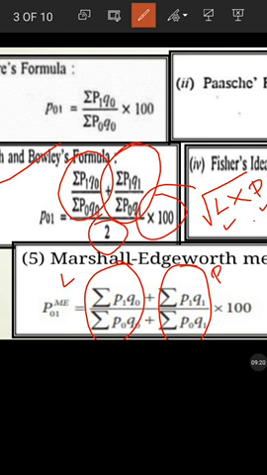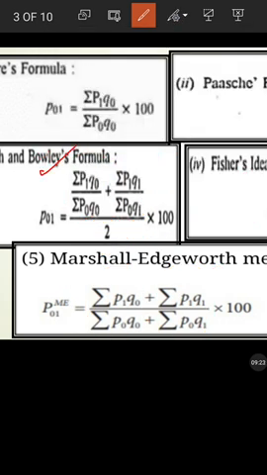What is the difference between Bowley's and Marshall's? In Bowley's the symbol is plus, and in Marshall's also the symbol is plus. But here we are taking only one plus, and under Marshall we are taking two plus.